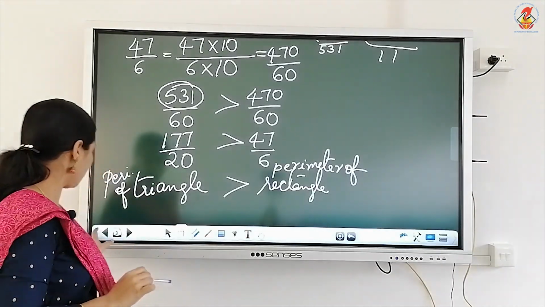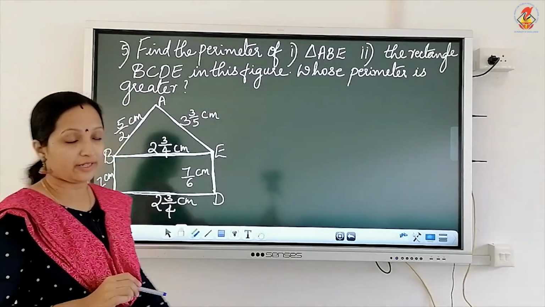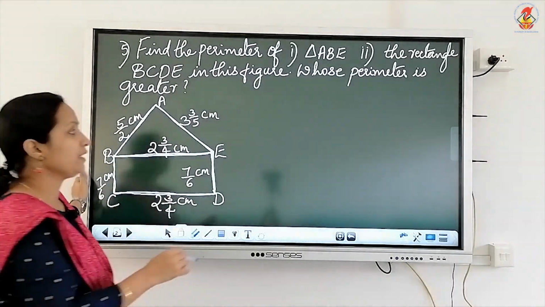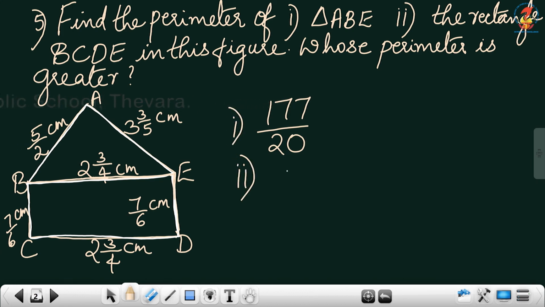So in this question there are 3 sections. First we have to find the perimeter of the triangle, and we got the perimeter of the triangle as 177 by 20. And the second part is we have to find the perimeter of the rectangle, and we got the answer as 47 by 6.